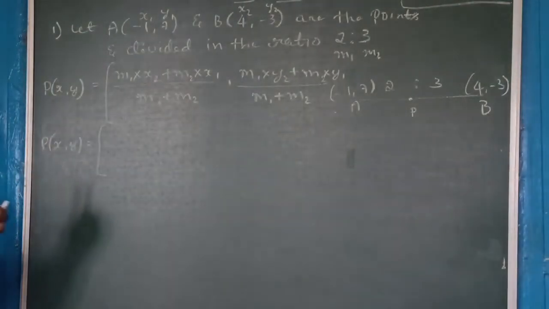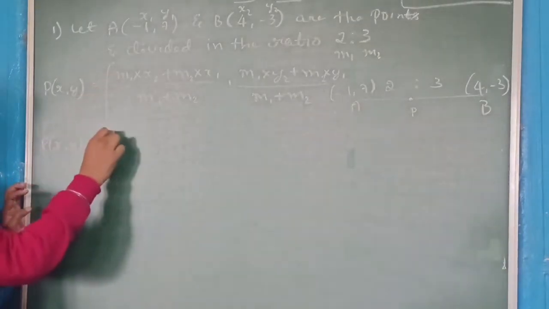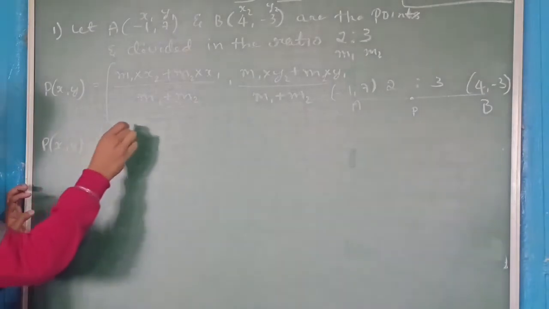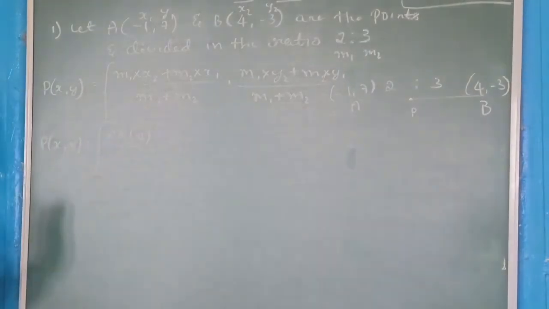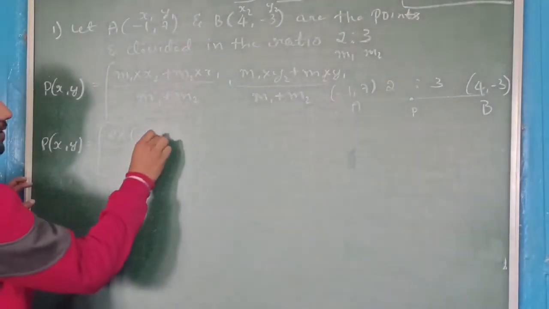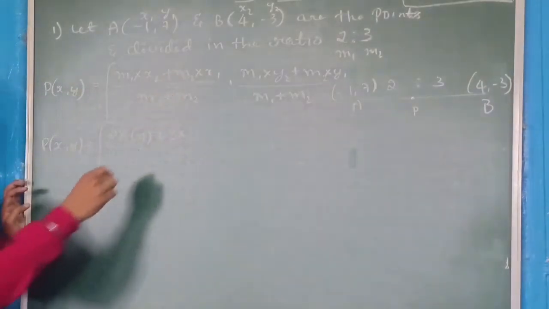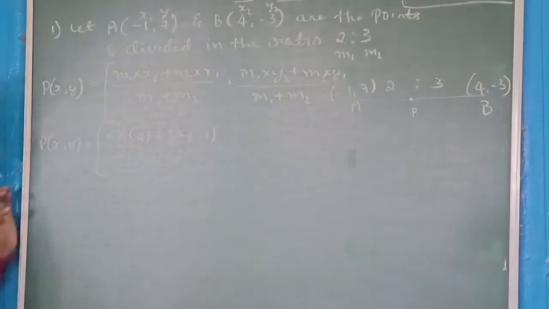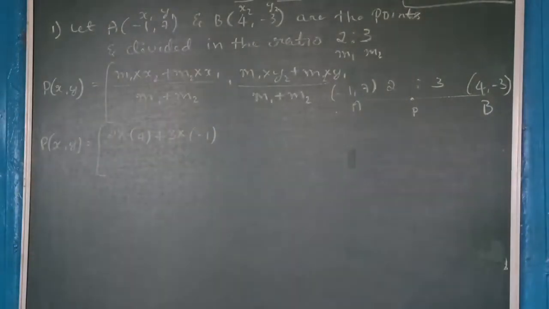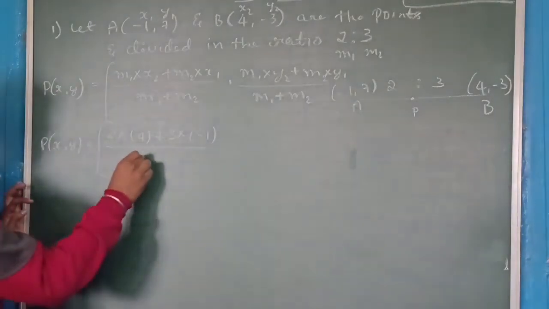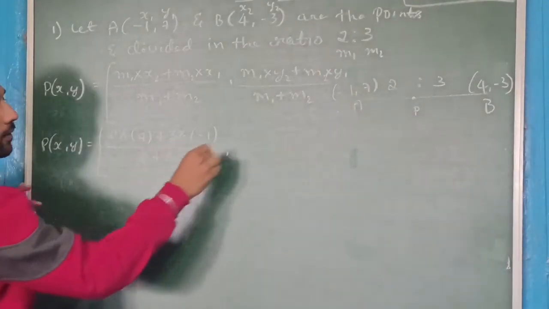Okay? Observe here carefully. Now what is m1? 2 into x2, which is 4. Plus m2, 3 into x1. Wherever there is a minus, write it in brackets. 4 divided by m1 plus m2, that is 2 plus 3, comma.